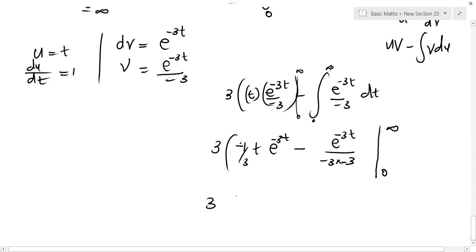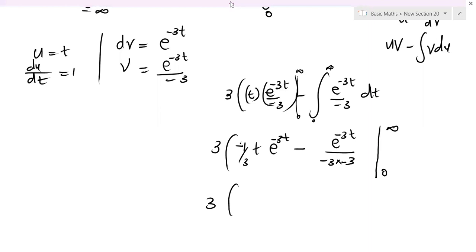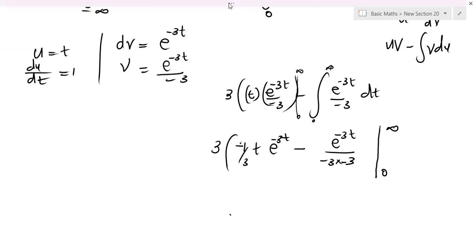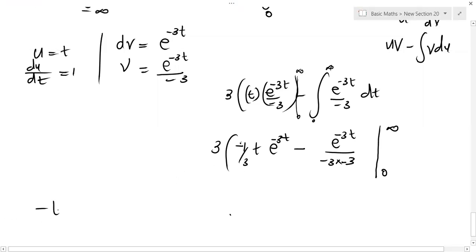So we can multiply by 3 to open up the 3 that's outside, so that we are able to replace our range. Opening by 3, we'll have minus t exponential minus 3t, and then minus minus minus gives us minus eventually, one third exponential minus 3t over minus 3, from 0 to infinity.